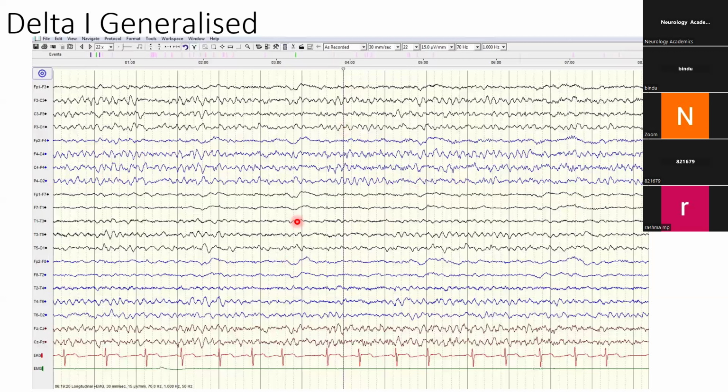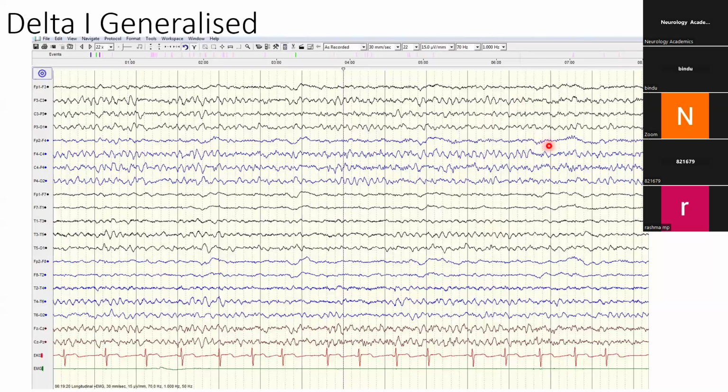You can see that in the awake state also, nowhere is the alpha coming to the range that we want, and there is a slower alpha or probably a theta alpha merging together. But overall, you have to put it as a generalized slowing, and this is persisting throughout the record in the awake state, when we call it delta.